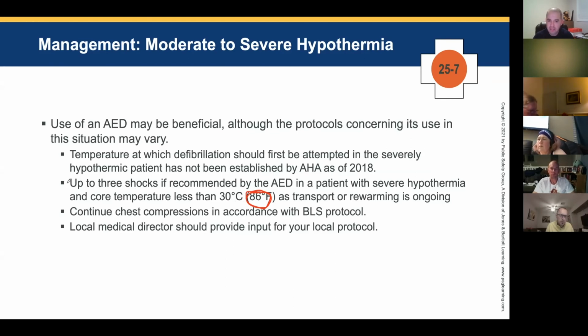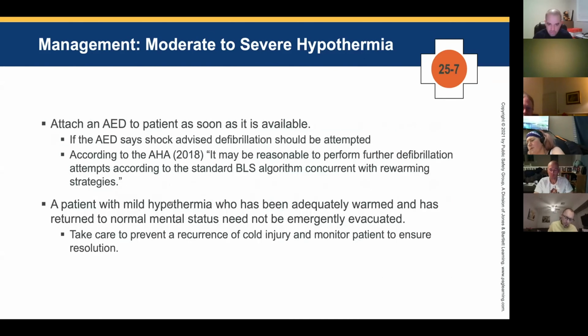I've even seen some protocols which recommend 1 shock for a patient in VFib who is hypothermic, and then you continue to rewarm them until their body temperature becomes elevated above 86, and then you continue with your regular shocks. We're going to continue chest compressions, and we should consult our local medical director on what to do.